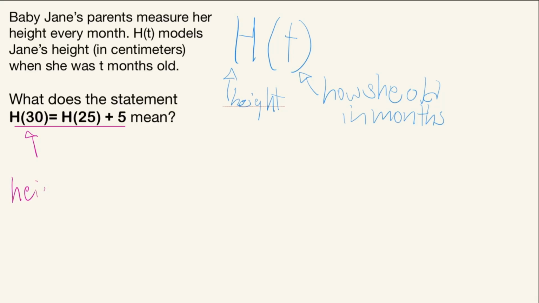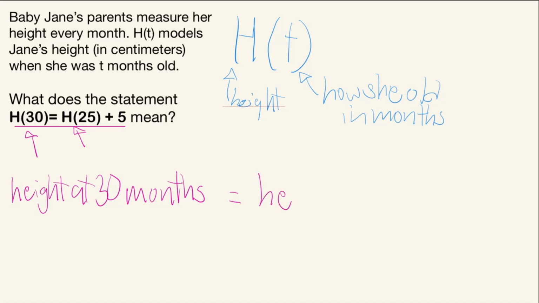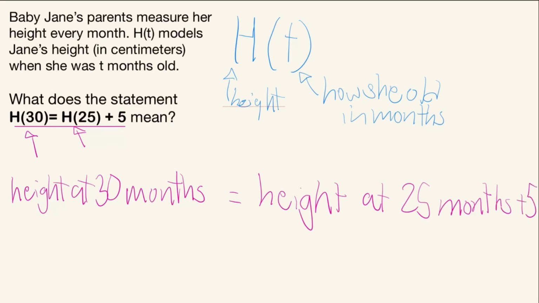Height at 30 months. And that is equal to her height at 25 months. Sorry. And it says plus 5.